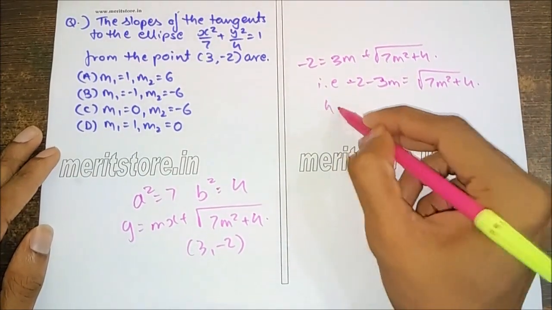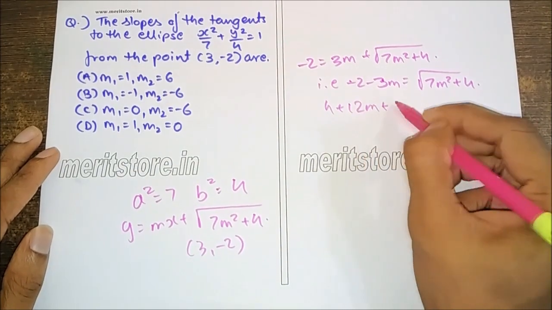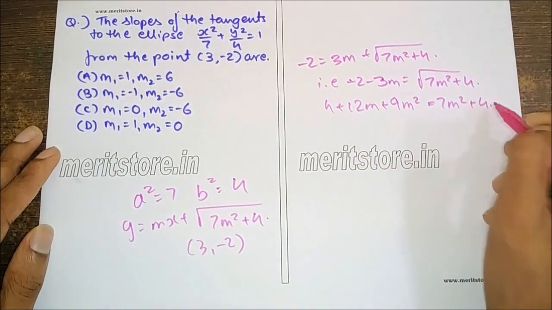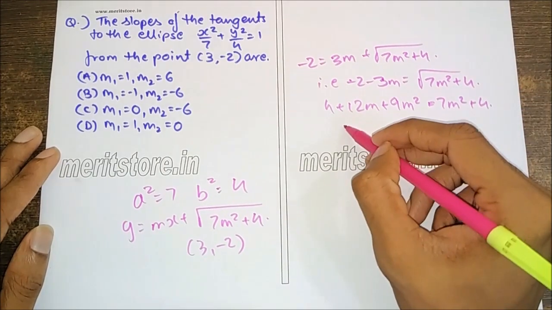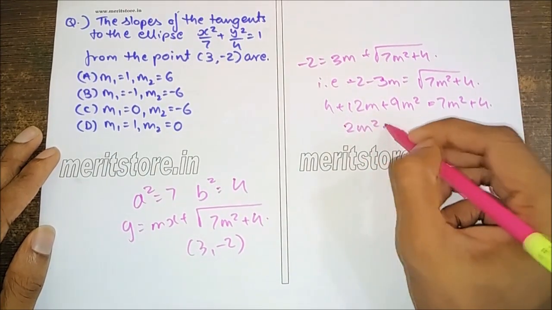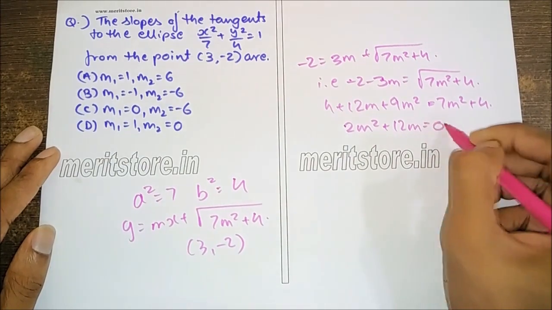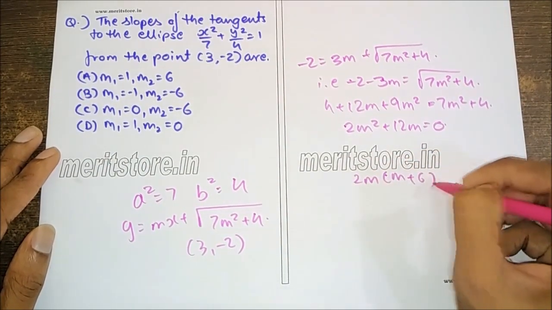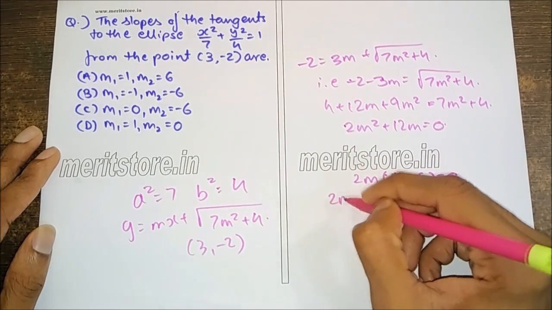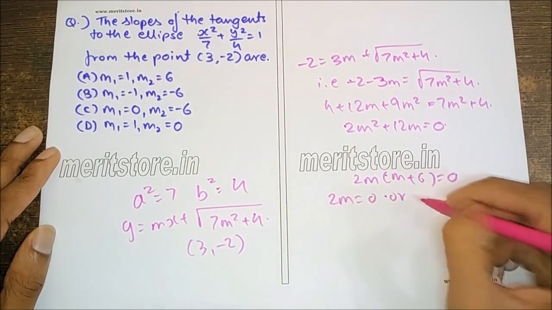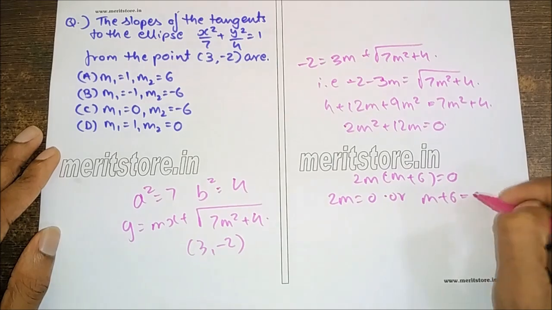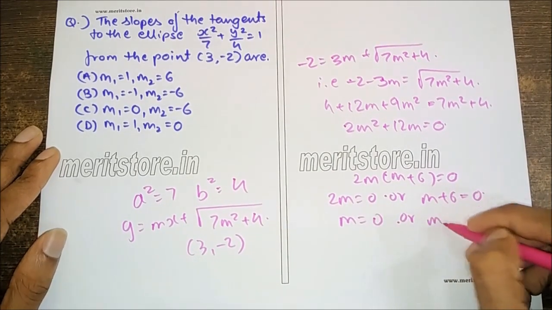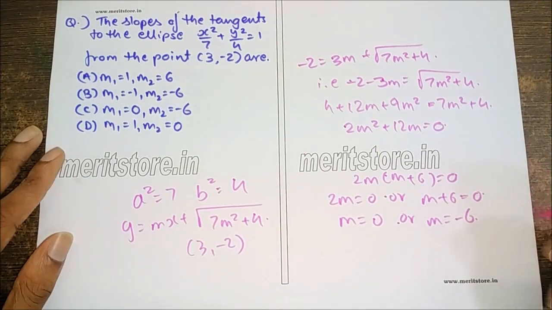Squaring both the sides, we get 4 plus 12m plus 9m square equal to 7m square plus 4, that is 2m square plus 12m equal to 0, which we get as 2m(m plus 6) equal to 0, which we get 2m is equal to 0, or m plus 6 equal to 0. M is equal to 0 or m is equal to minus 6.